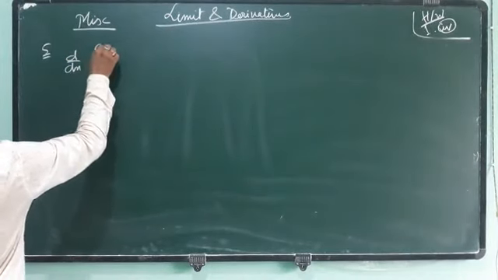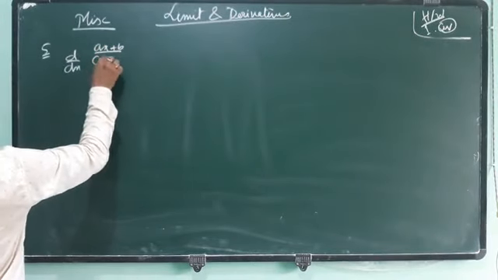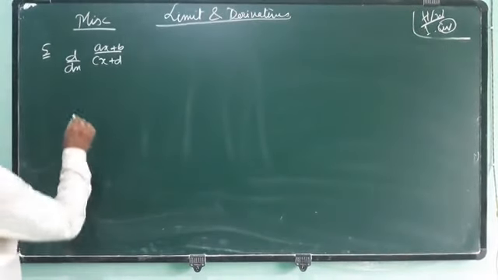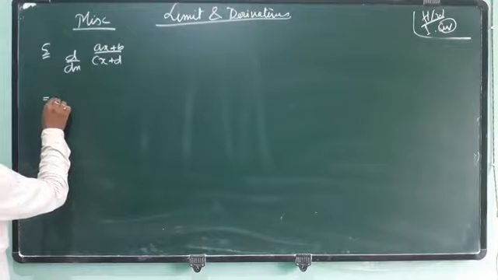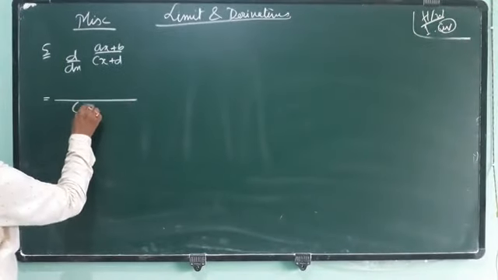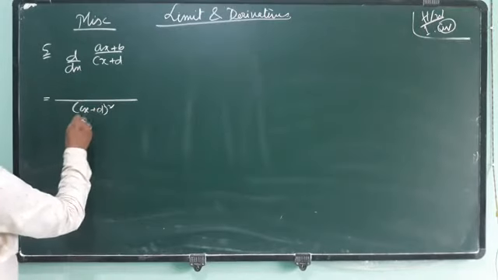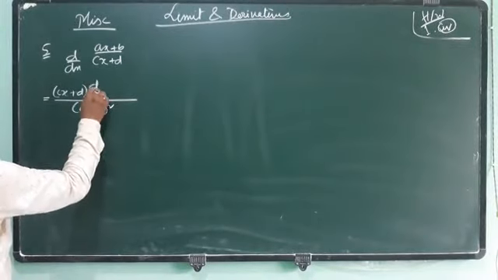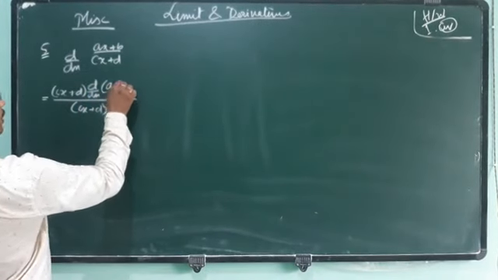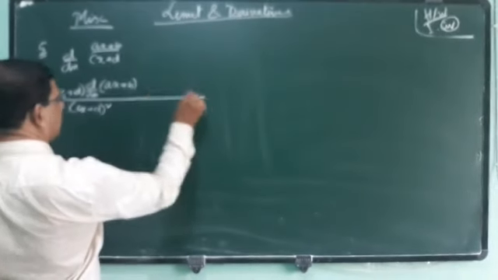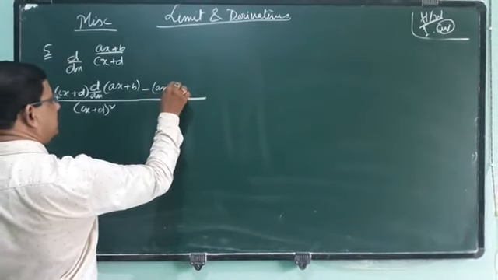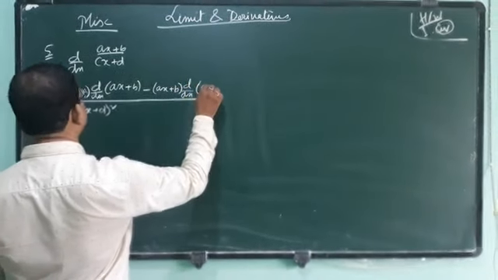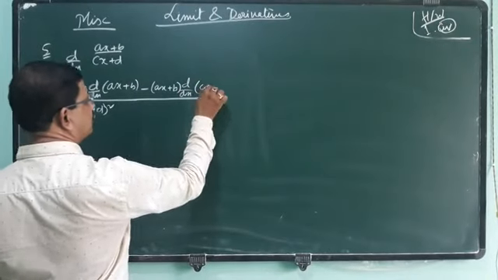(ax + b) by (cx + b). So the u by v form here I want to use. So how can you write it? v square, then v differentiation of u, that is (ax + b), minus (ax + b) differentiation of (cx + b).